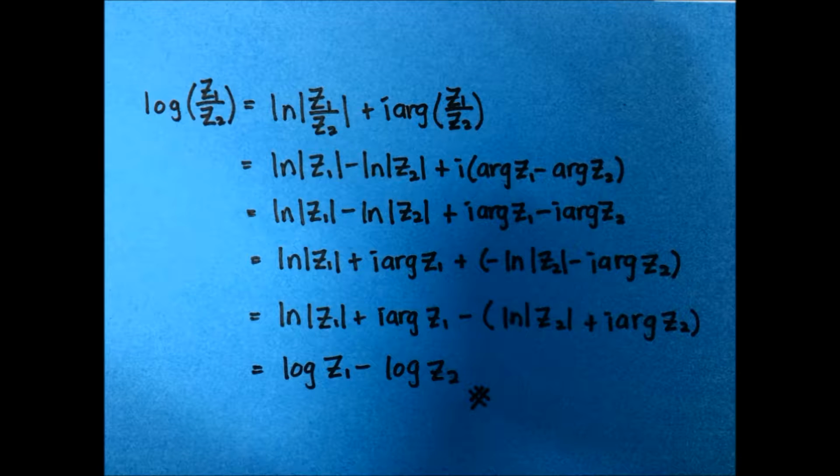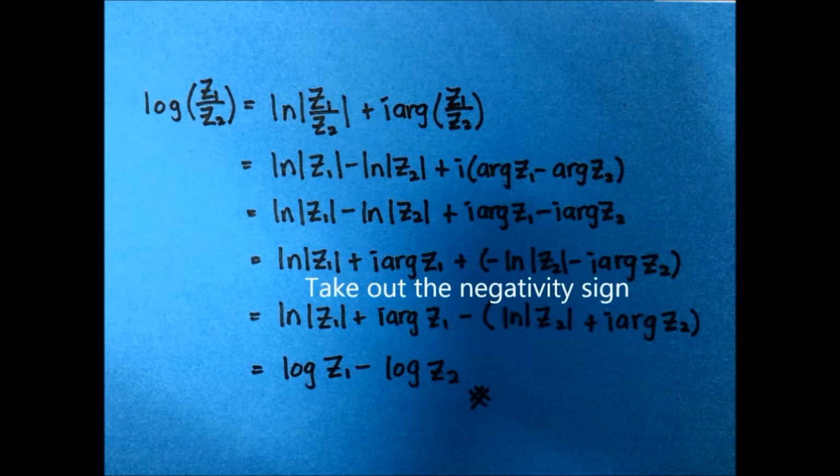Then rearrange the equation in this way: ln absolute of z1 plus i argument of z1 minus ln absolute of z2 minus i argument of z2. From that, we know that ln absolute of z1 plus i argument z1 is equal to log z1, and ln absolute of z2 plus i argument of z2 is equal to log z2.